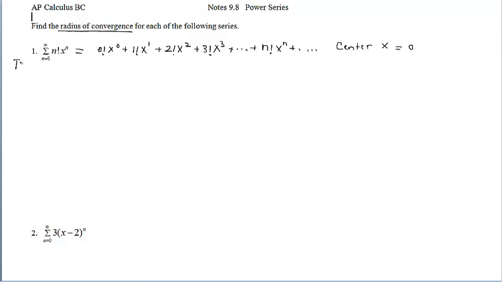So when you read the words, find the radius of convergence, just know you want to go straight to the ratio test. Alright, and we learned this in a previous lesson, that it's the limit of the quotient of 2 consecutive terms.